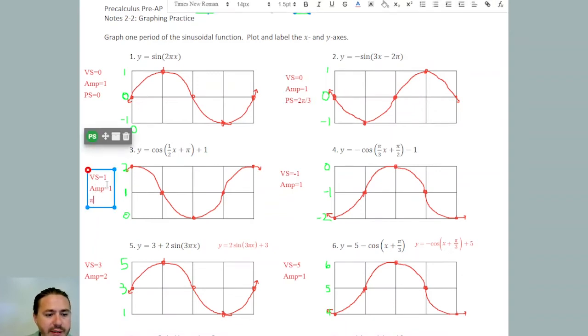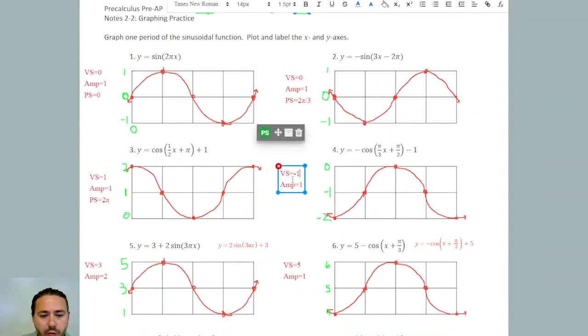For number 3, C over B is going to be pi divided by 1/2. I don't really like that. Dividing by half is the same as multiplying by 2. So the phase shift is going to be 2 pi. Over with number 4, phase shift is going to be C divided by B. Again, I'm going to keep saying that.